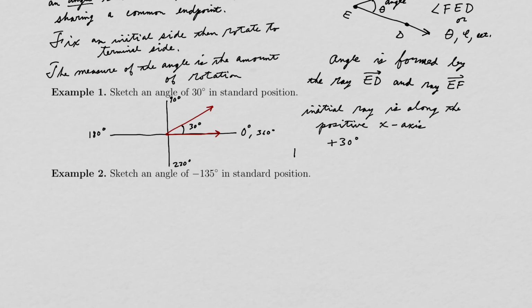Okay, so plus means rotate counterclockwise. And if you had a negative angle, that means rotate clockwise.